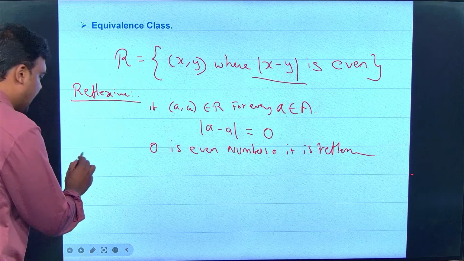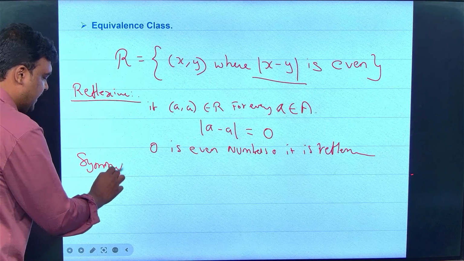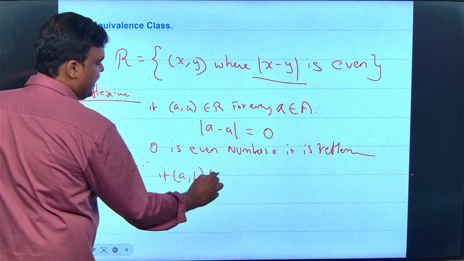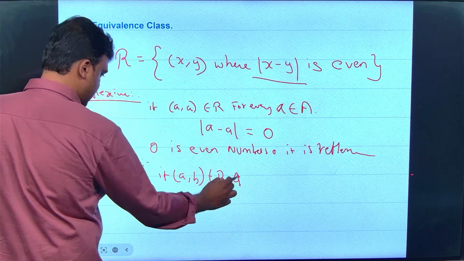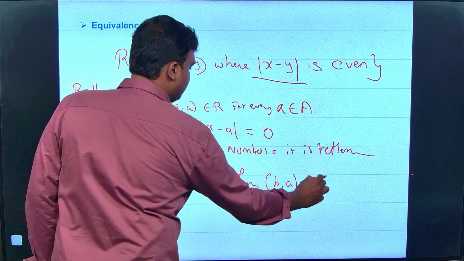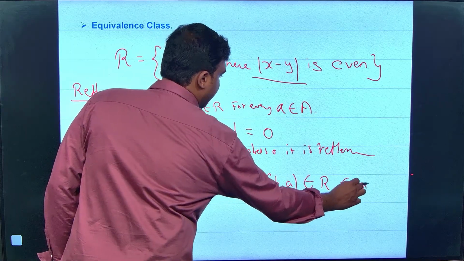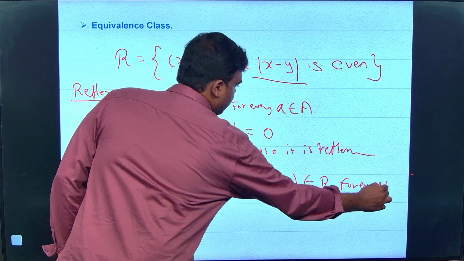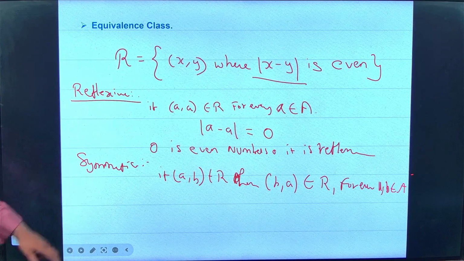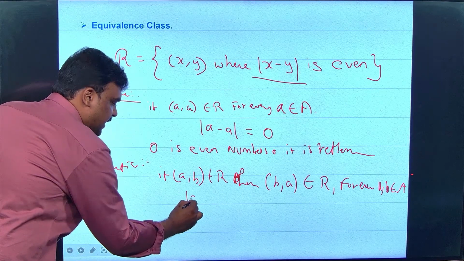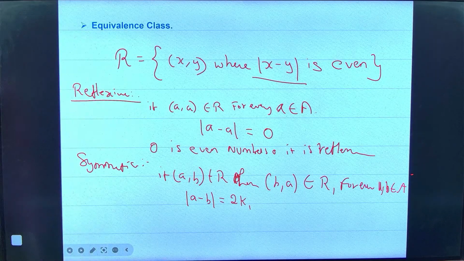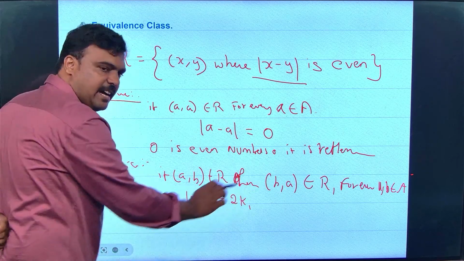Next, you will go for symmetric. You write the word symmetric and write the definition. If A comma B belongs to R, then B comma A also belongs to R for every A comma B belongs to capital A. Then you have to write modulus of A minus B is equal to 2K1, where K1 is some constant.